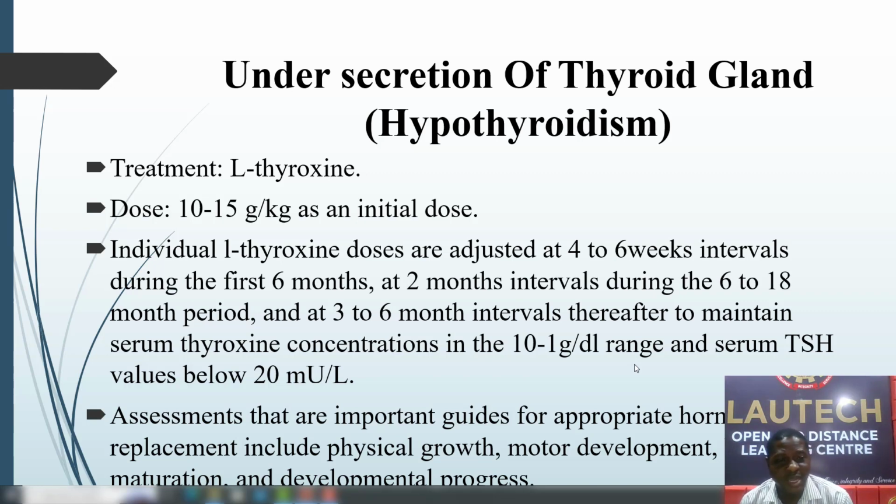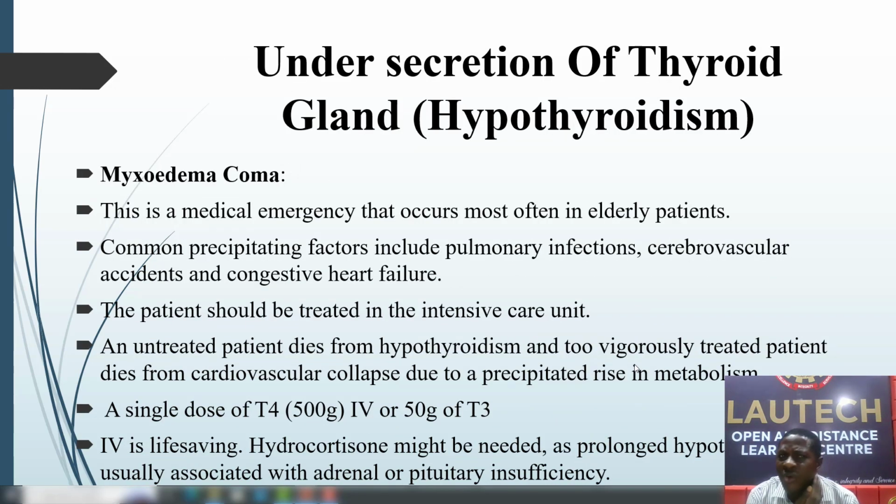So you may be asked what are the assessments that can serve as guide for appropriate hormone replacement therapy. Number one, physical growth. Two, motor development. Three, bone maturation. And four, developmental progress.